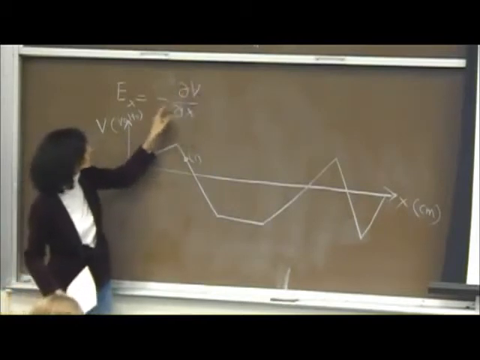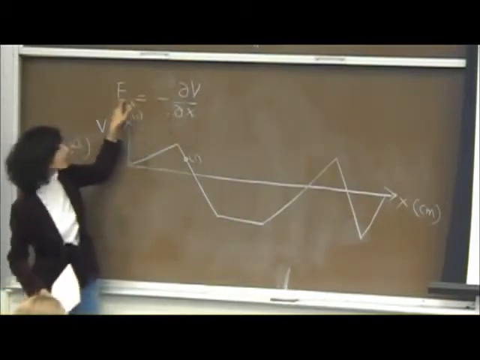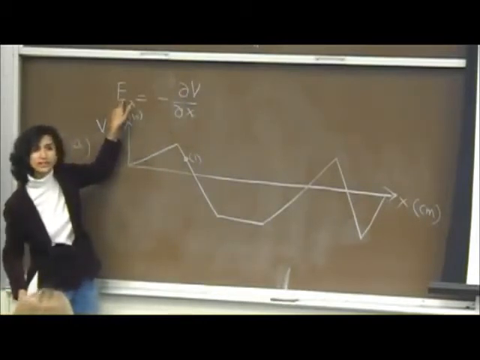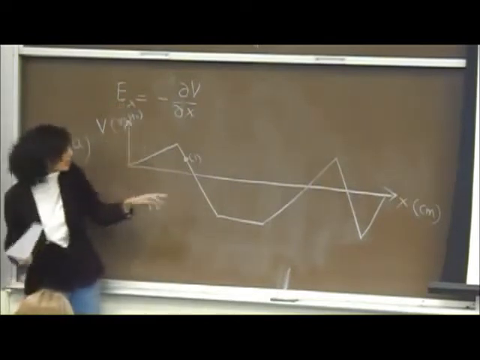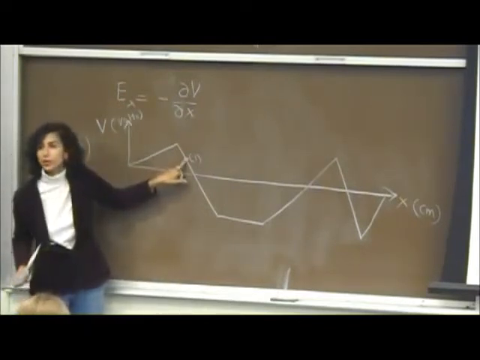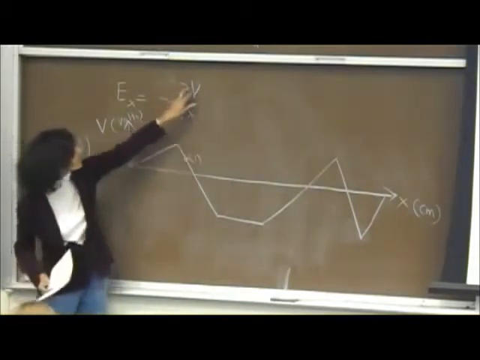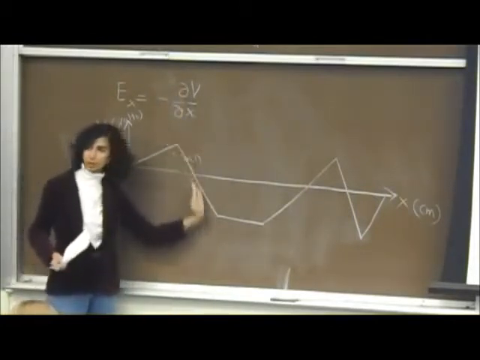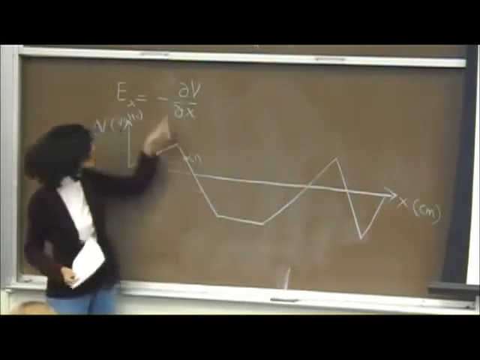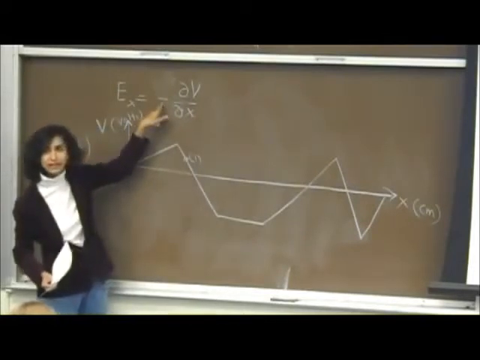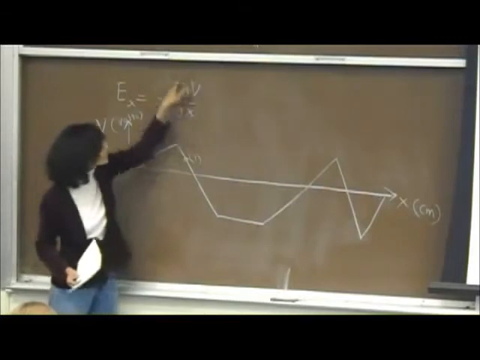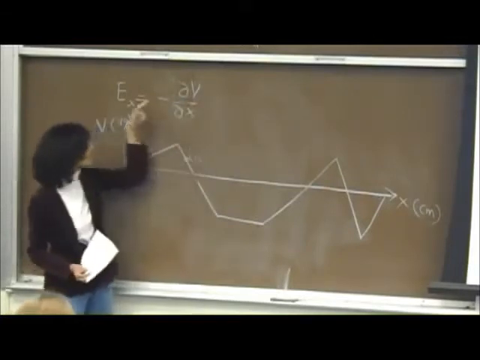So a negative slope with a negative sign makes the electric field positive. So one thing you know is that the direction of electric field at point 1 is definitely positive, because dV over dx is negative since the slope is negative, but then there is also a minus sign. A minus sign with a negative derivative gives me a positive value.